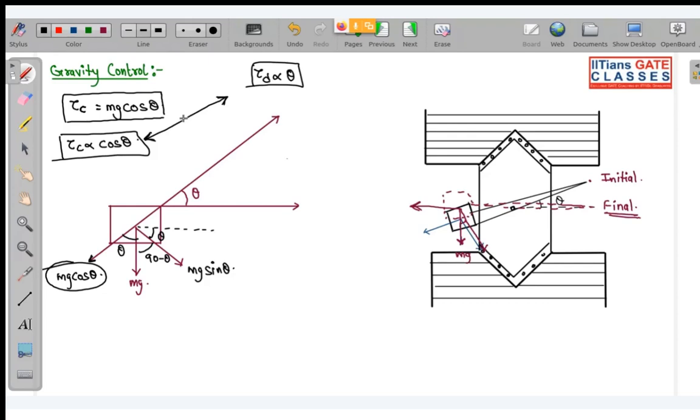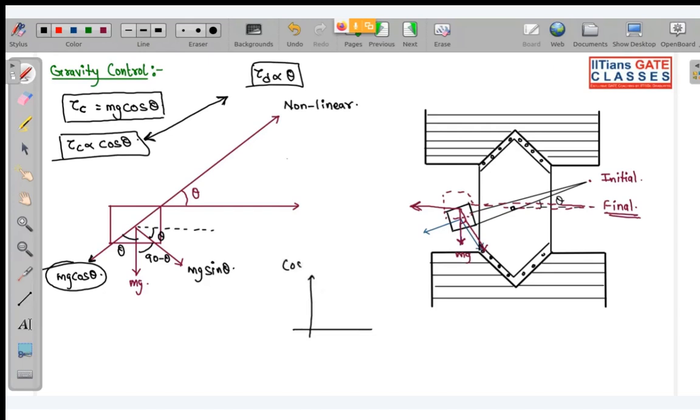No, sir, there is no direct relationship. Basically, this will be an inverse relationship, or you can say this is non-linear. Why? Because this is not a straight line passing through the origin.